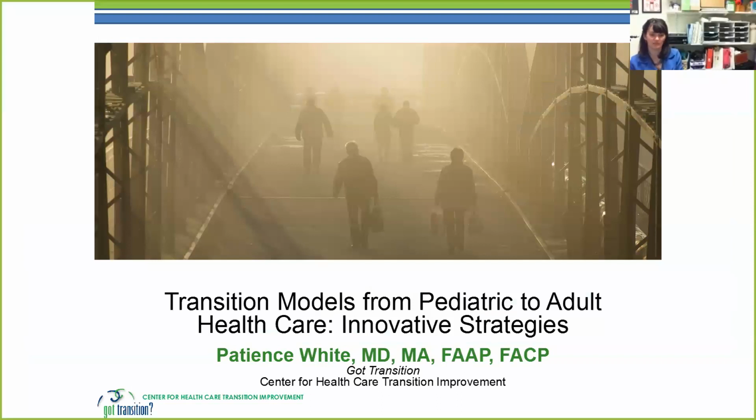A lot of the slides that I'm about to show you actually come from the Got Transition site, and one of their key people there is Dr. Patience White. She is an adult and pediatric rheumatologist and has done a lot of the work that you'll find on that site around transitioning. So you'll see a little notation of Got Transition on the slides that actually came from her.